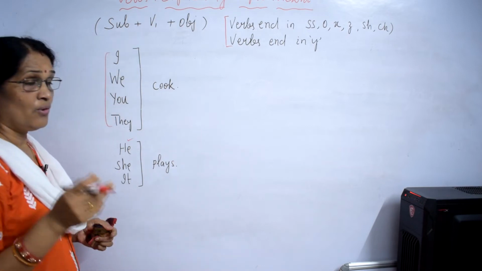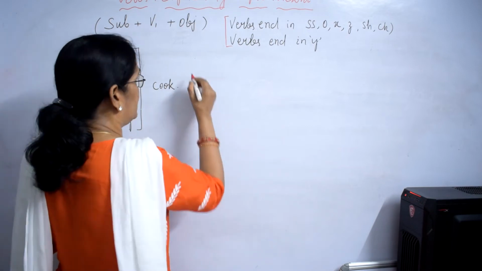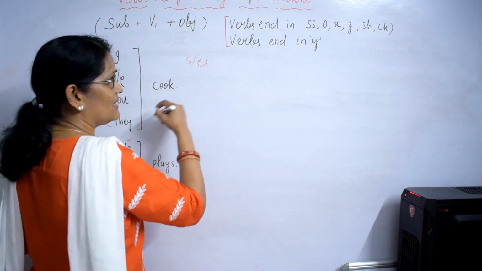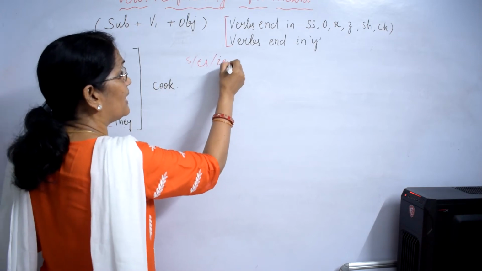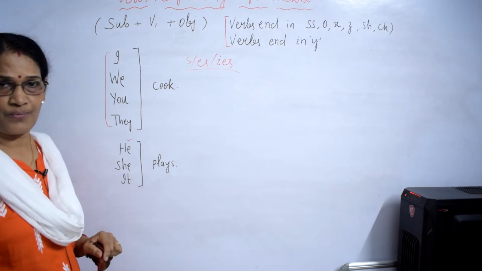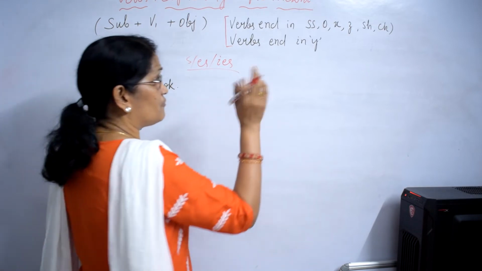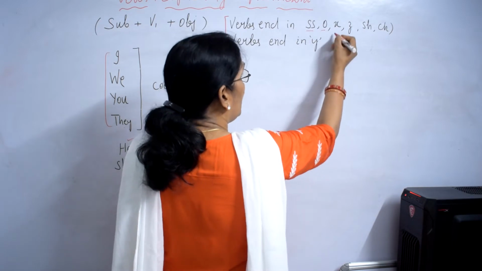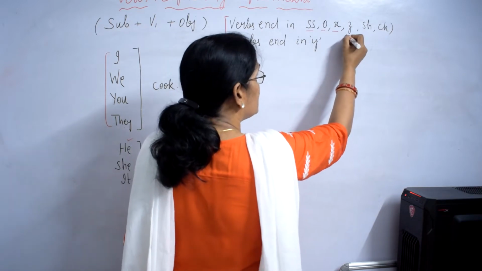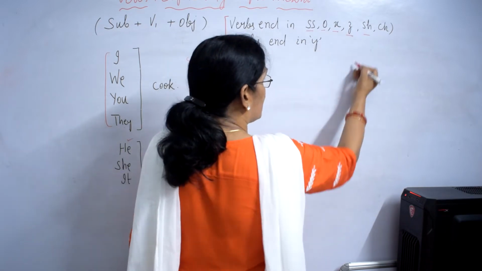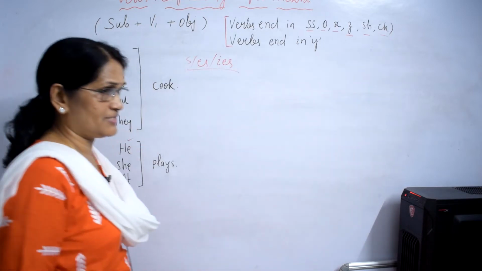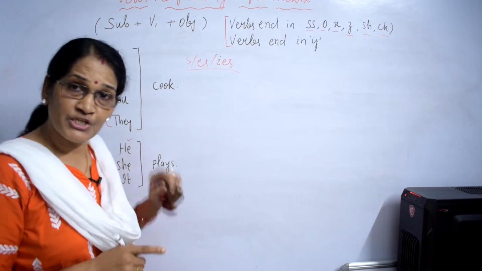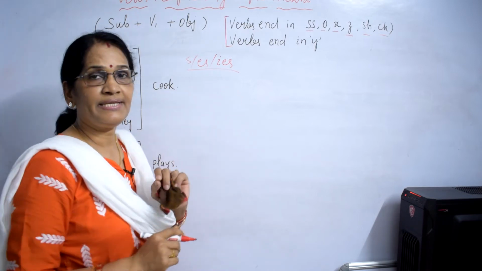But somewhere we add s, somewhere we add es and somewhere we add ies. How can we know? If a verb ends in ss, o, x, z, sh, or ch, and the subject is third person singular number, we add es.